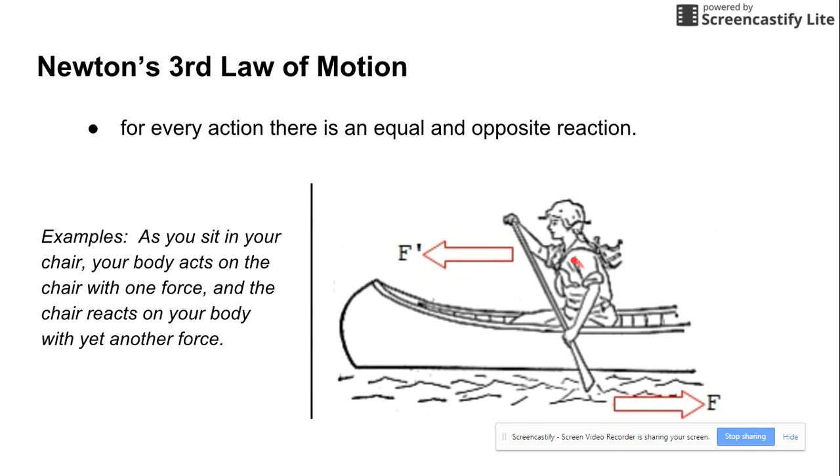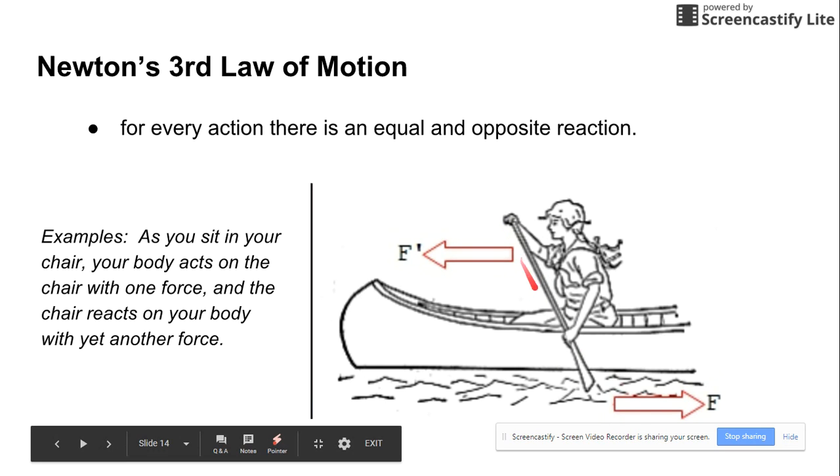What is the action that she's going to perform first? She's going to paddle with this oar. So as soon as she sticks that oar in the water and paddles, what is the reaction? The boat's going to move forward in the water. Equal and opposite reactions. One paddle going this way is going to force this boat to go that way.